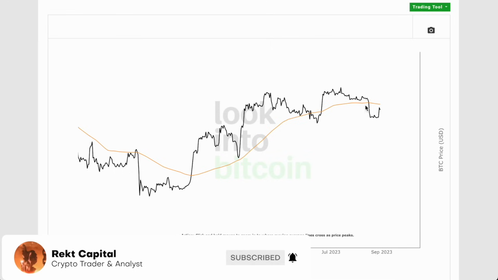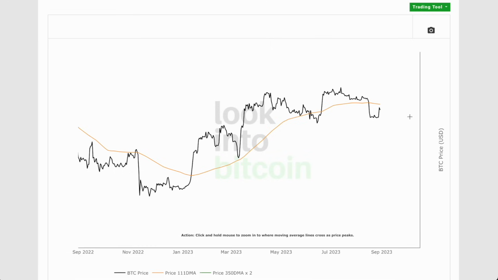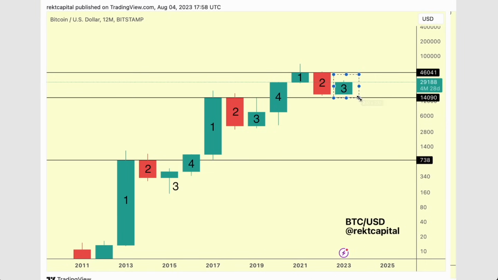We'll still see lots of oscillation around this 111-day moving average in this candle 3, as we tend to see in the past. But once we get to that point where we're in a candle 4 and candle 1, the pi cycle top is going to be supporting the uptrend going forward.